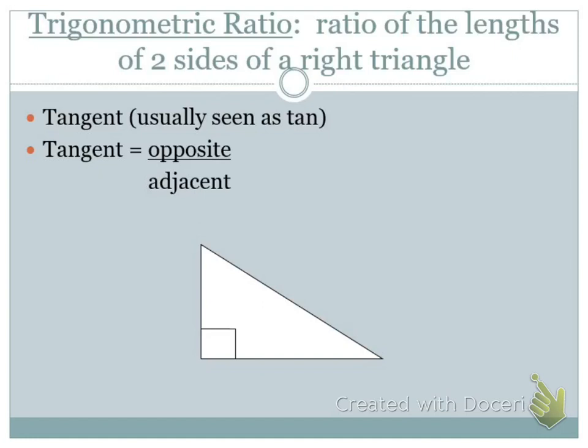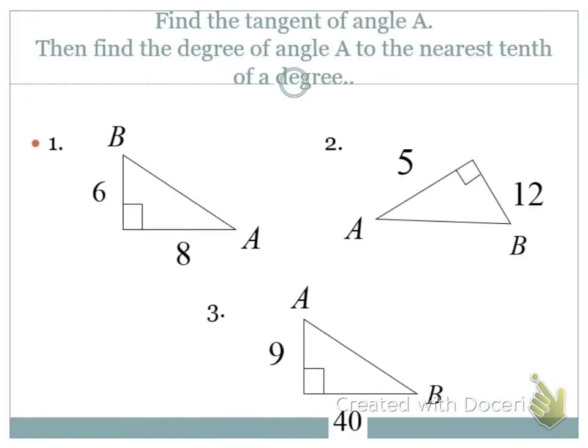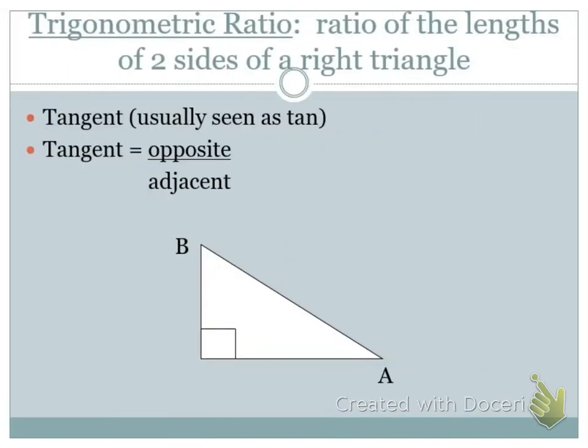Opposite over what? Adjacent. It's on the board. I would make sure this diagram gets added to your notes. A right triangle with 2 angles labeled, one capital A, the other capital B.